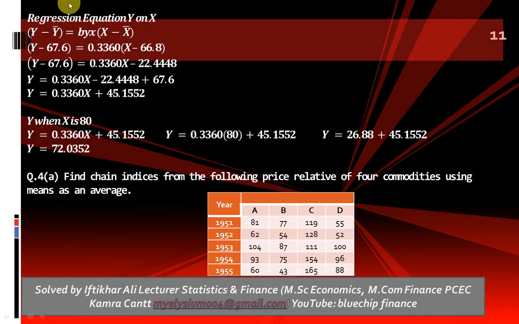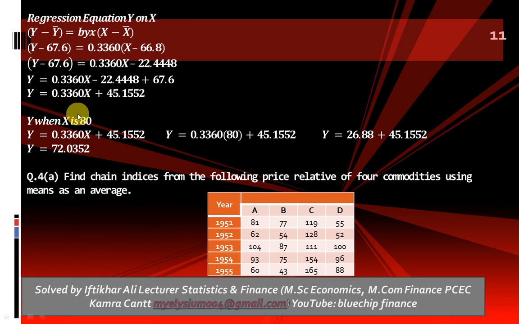And regression equation y on x is y minus y bar equals regression coefficient y on x multiplied by x minus x bar. Just simply put all these values, and this number is indicating the intercept value, and this one is indicating the regression coefficient y on x, or you can say the slope.